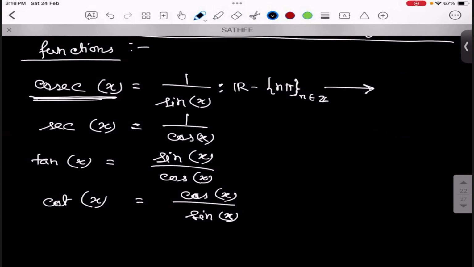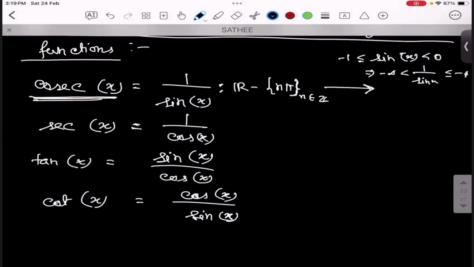So sin x has range 0 to 1, right? Sorry, minus 1 to 1. Now, what about 1 by sin x? Whenever sin x is less than 0 and greater than or equal to minus 1, this implies 1 by sin x is less than or equal to minus 1 and greater than minus infinity.